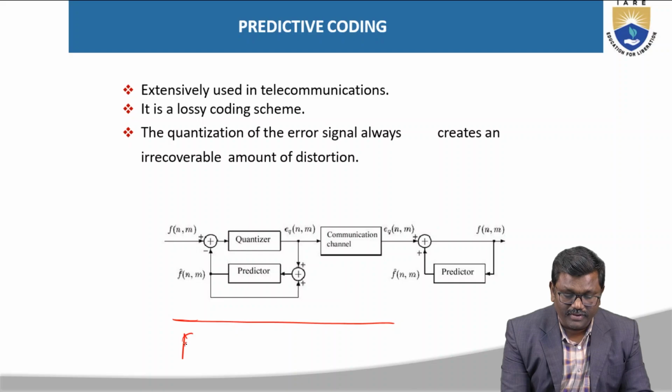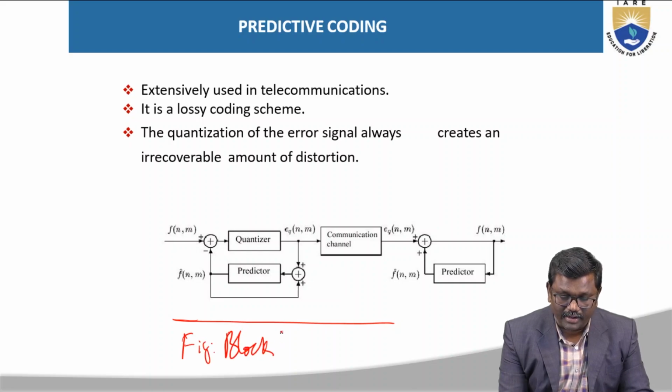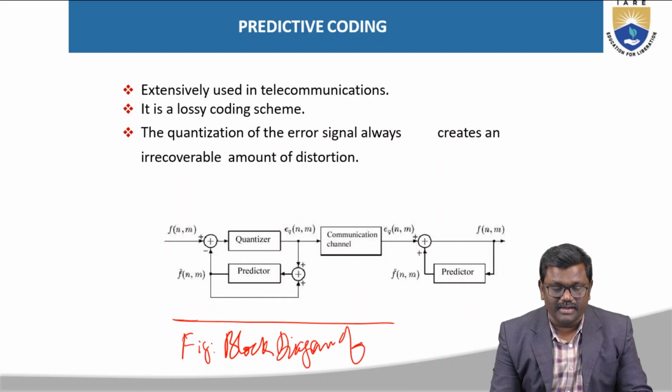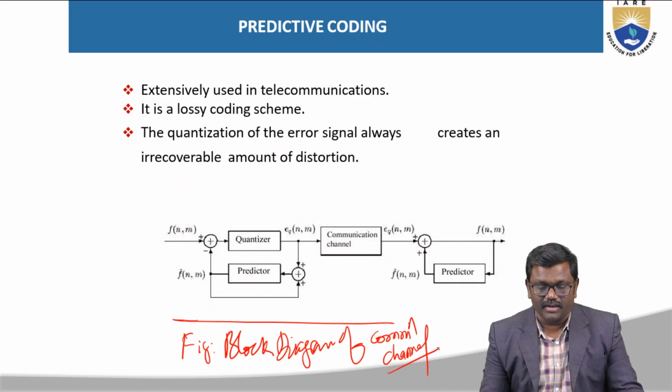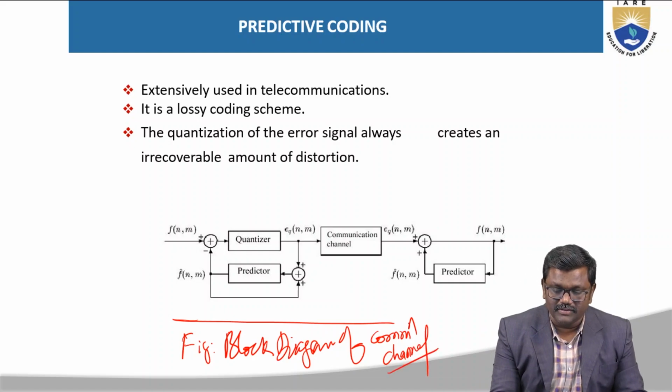So what does this figure help us with? The block diagram is in terms of what we call a communication channel. So what is this communication channel? This is your channel.